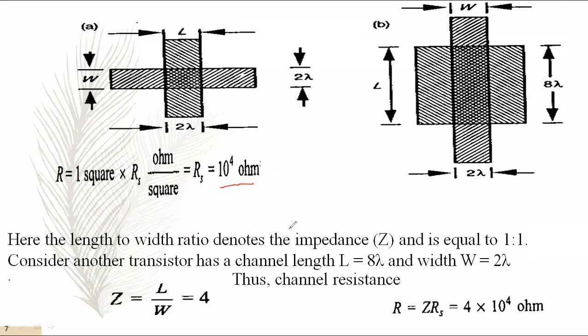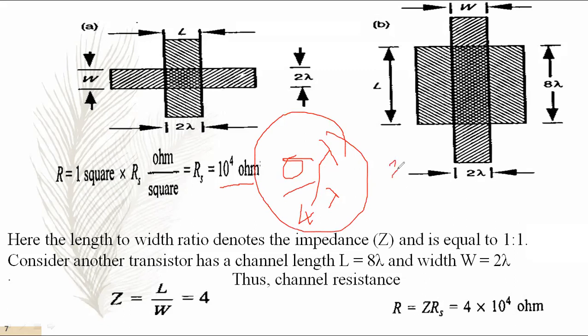If the length of the device is increased to 8 lambda and the width to 2 lambda, then the square Z equals 8 lambda divided by 2 lambda, which is 4. So 4 into 10 to the power of 4.